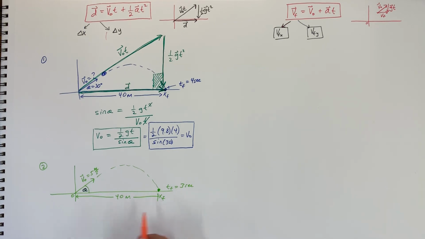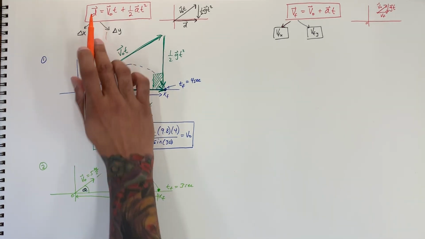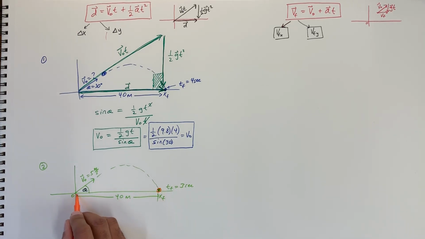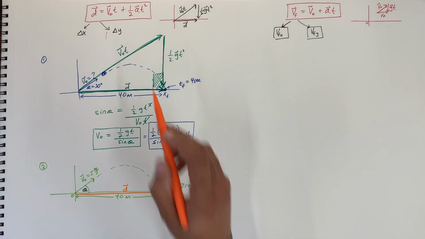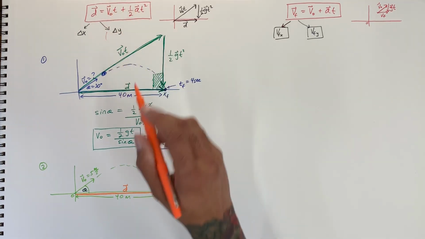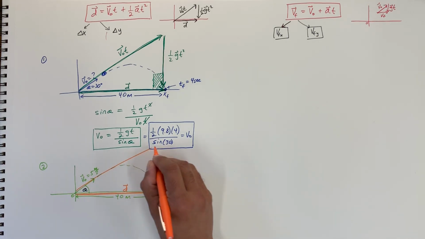We're going to draw our displacement vector to our final position, always. So the final position vector goes first, okay? Then we're going to draw our V initial times time. So we're going to draw this vector, okay?